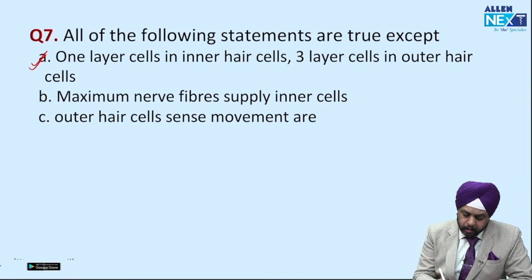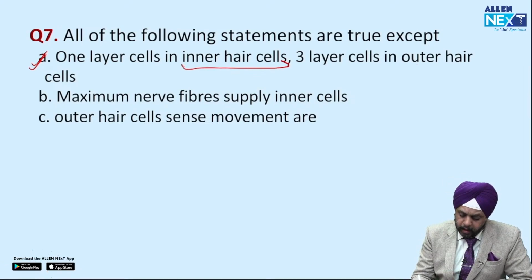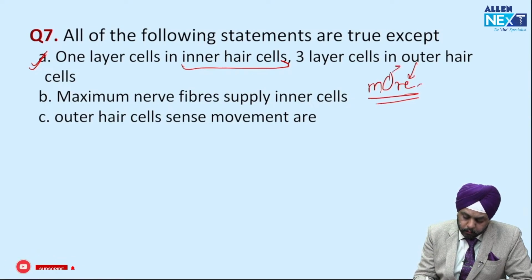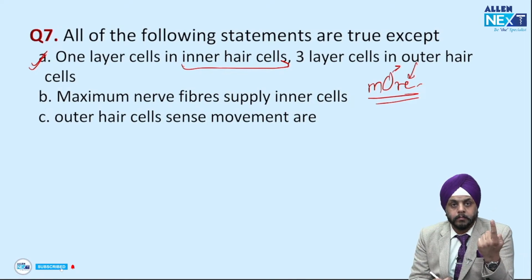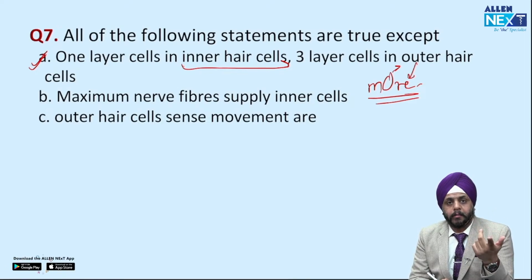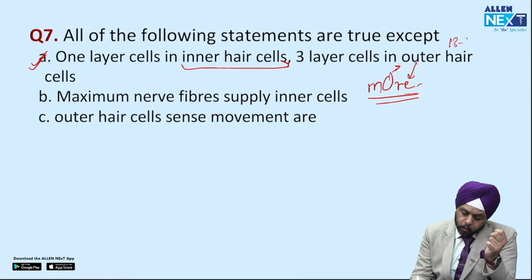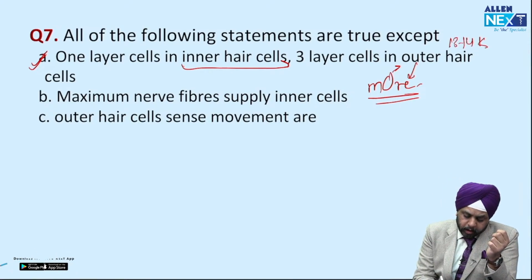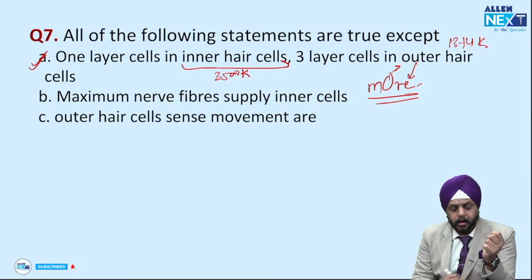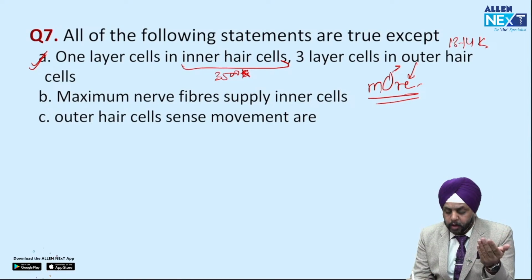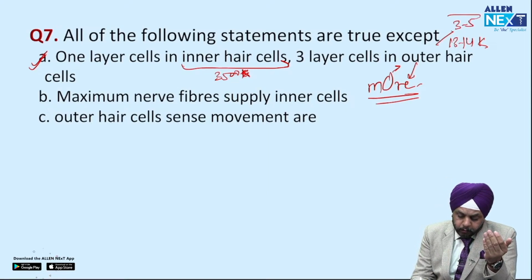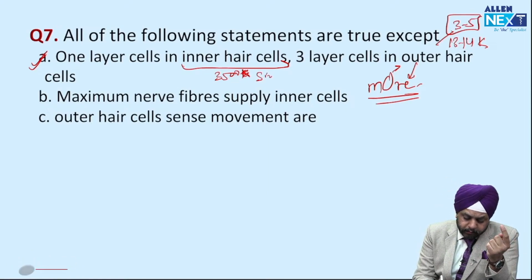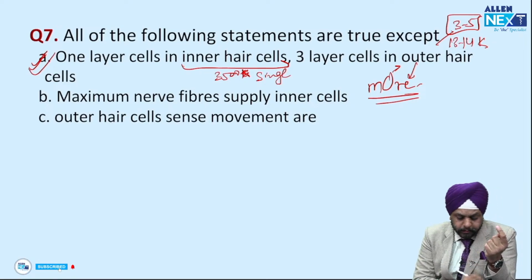The mnemonic is: outer more. What is more? More in number, 13 to 14,000 in number. Inner hair cells are less in number, 3,500. Outer hair cells are more in rows, 3 to 5 rows. Inner hair cells have 1 single row. So this statement is correct.